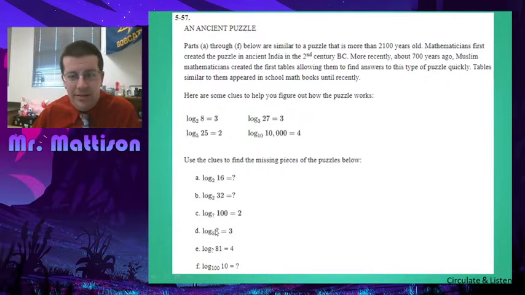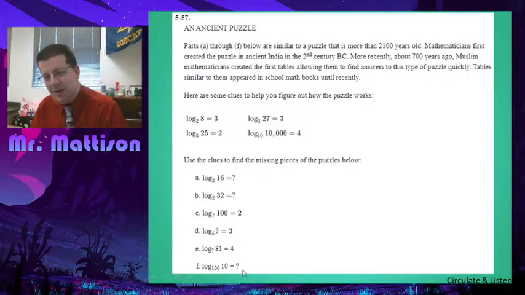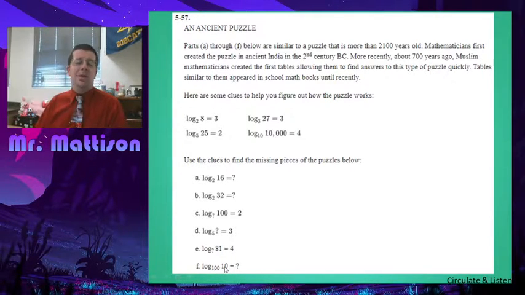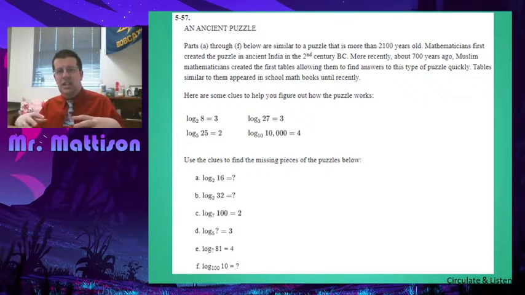Well, that's 125. And then what raised to the fourth power is 81? That's 3. And then lastly here, 100 raised to what power equals 10? That would be the 1/2, because again, 1/2 power is the same as the square root, if you recall that from previous courses. So that's our pattern, and that's effectively what we're trying to get here.